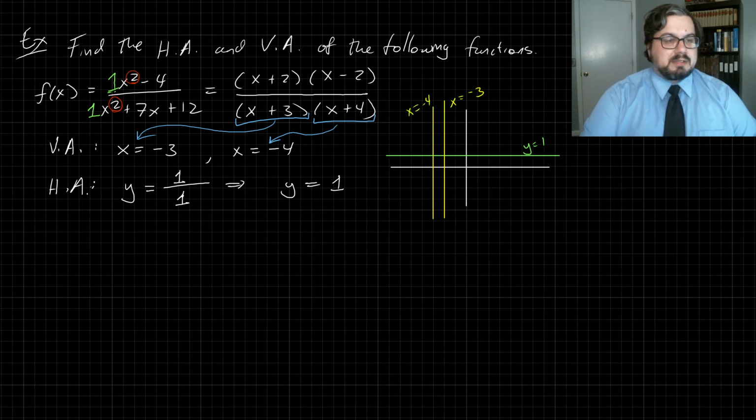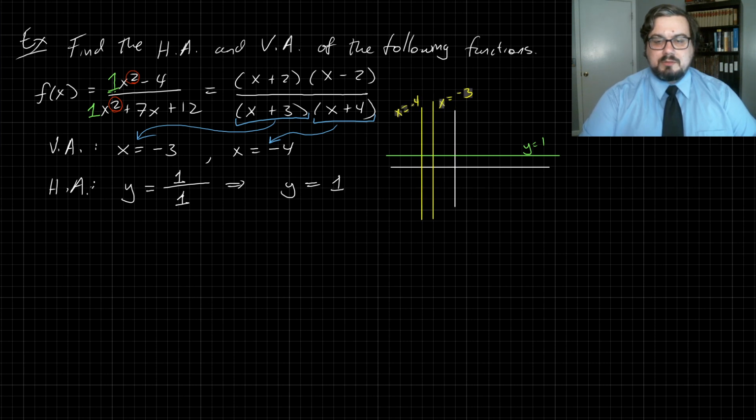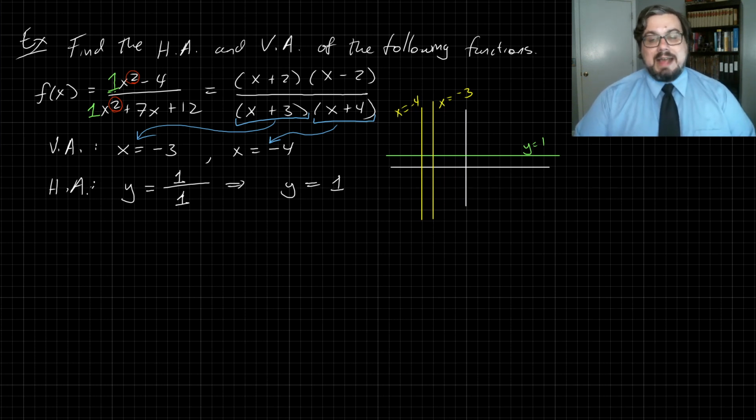I just realized that I put those one space too far over. There we go. So that's what our asymptotes look like.